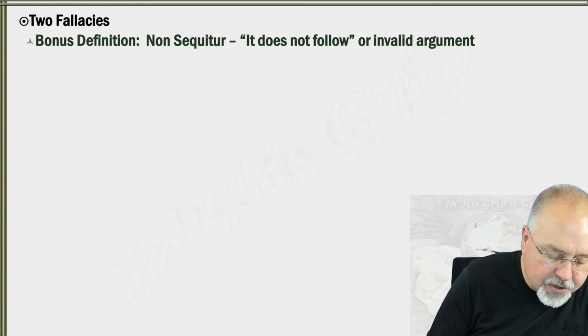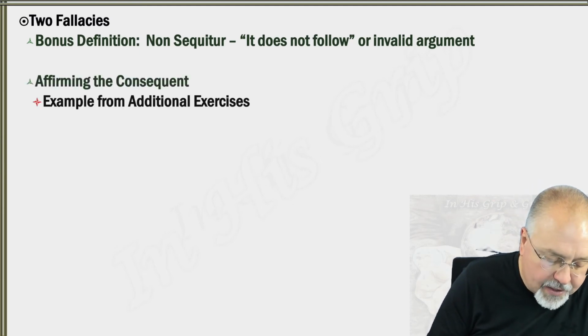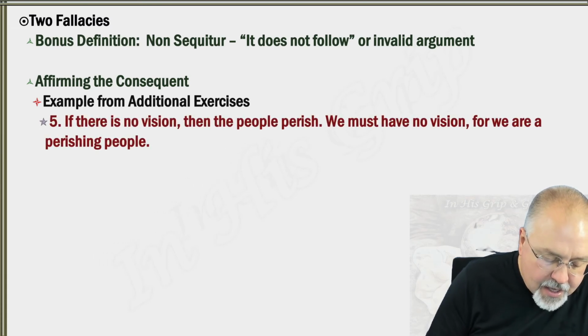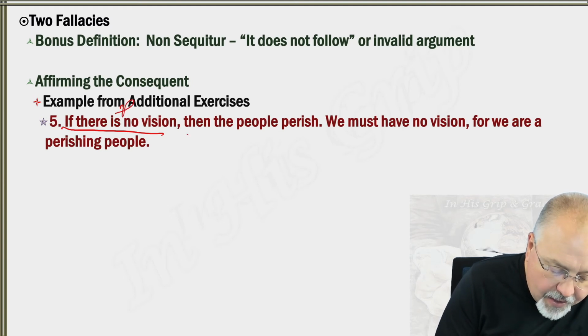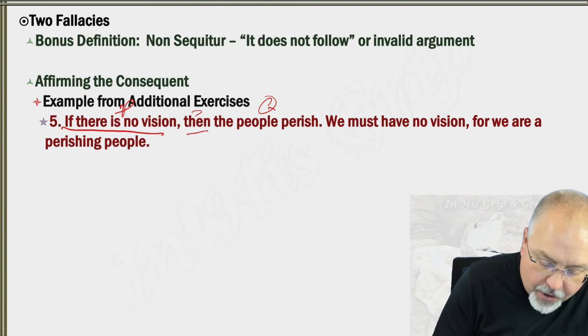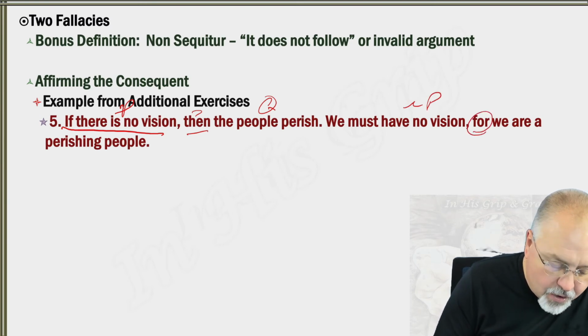So here's the bonus definition. A non sequitur means it does not follow or is an invalid argument. Affirming the consequent. Example from additional exercises. If there is no vision, P, then, horseshoe, Q, right? Then the people will perish. We must have no vision, right? Not P, or in this case, therefore, we are a perishing people, right?